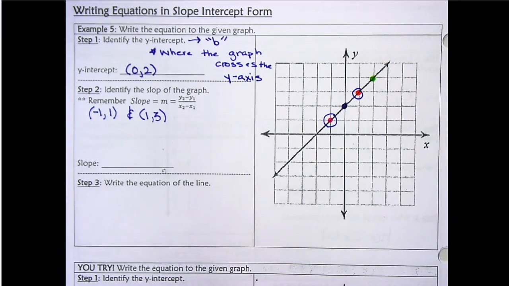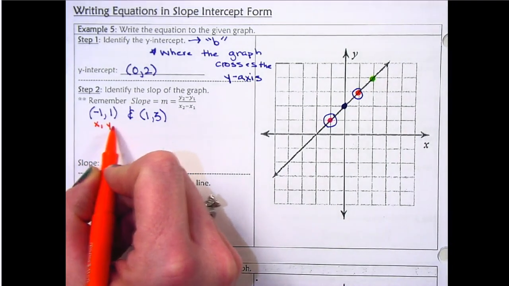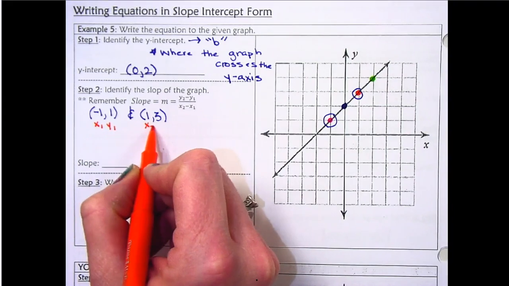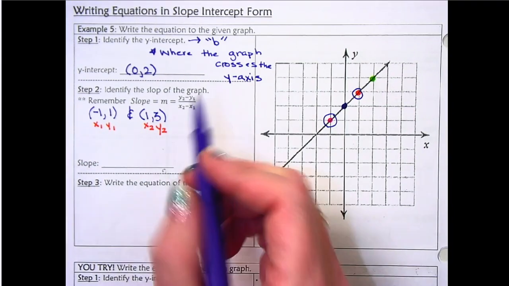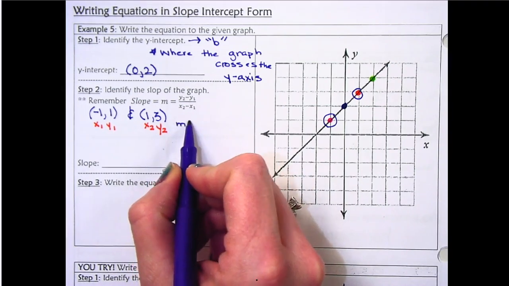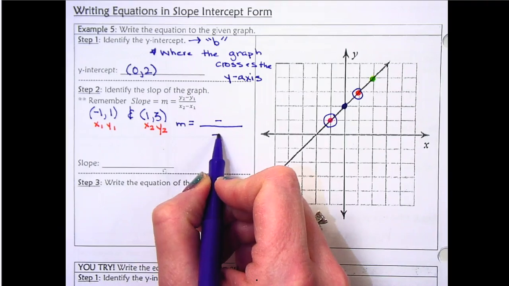I'm going to label my ordered pairs x1, y1, x2, y2, and I'm going to plug into the slope formula. I like the method where I draw my fraction bar and my 2 minus signs.